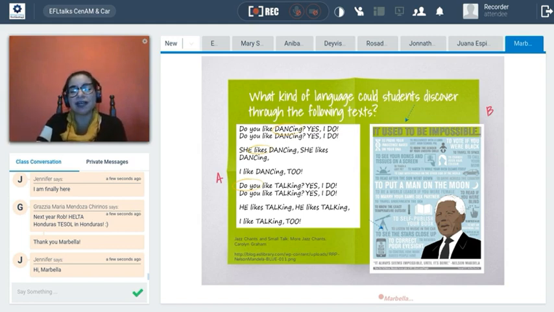And then on the other side, I have an example of an infographic. Here it says "it used to be impossible," and it has different facts that might be interesting for students to become familiar with. We have one arrow pointing to "it used to be impossible," and another arrow pointing to "see."